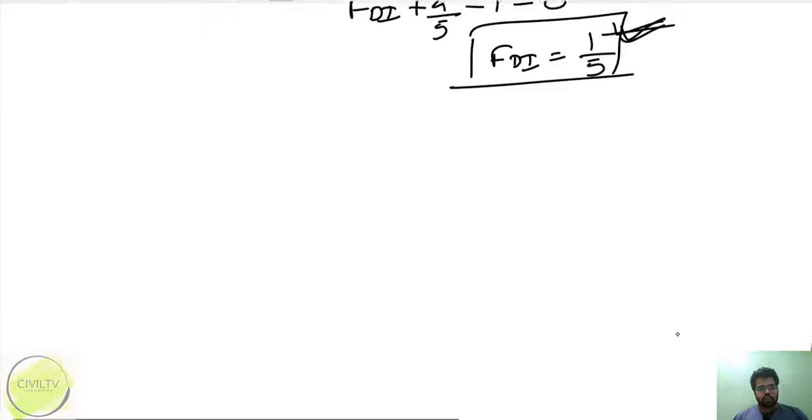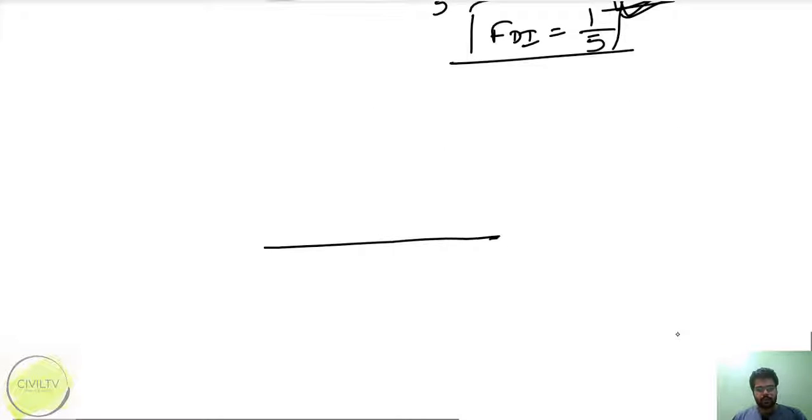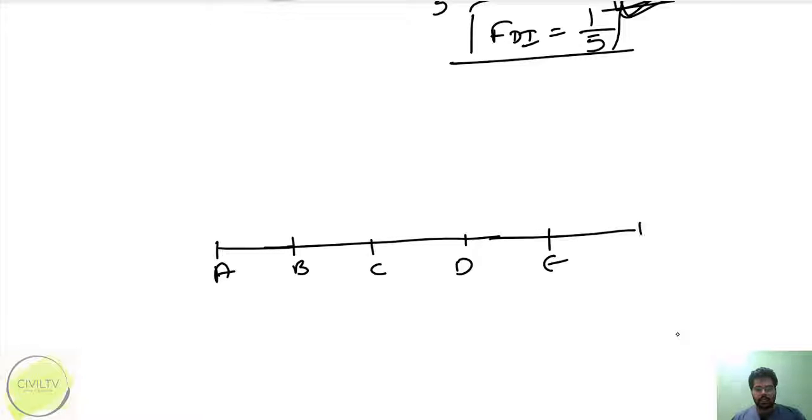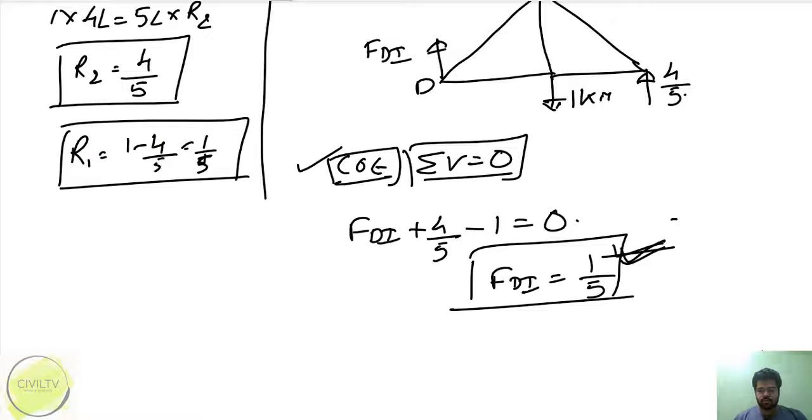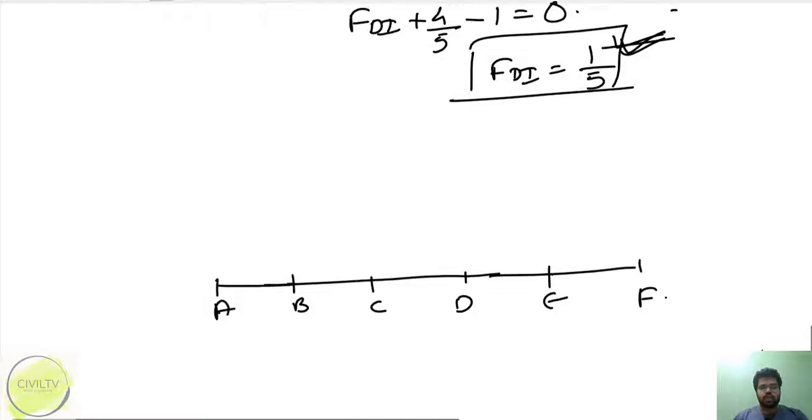Now let's plot it. The joints are A, B, C, D, E, and F. First I applied a unit load at joint D, and then at joint E, and both the values are positive.